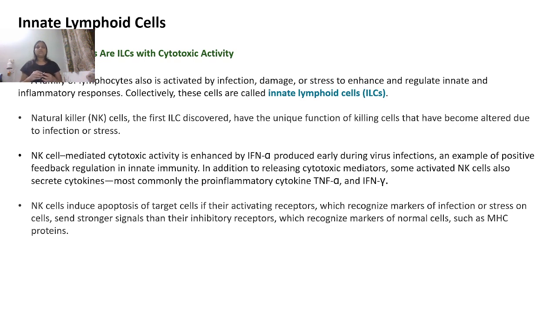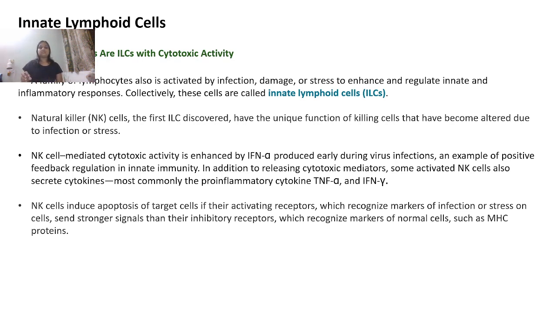Because if there is an activating receptor, there should also be an inhibitory receptor, because prolonged activation of a receptor is not good. It can lead to inflammation and other stress, and that signal needs to be stopped after a certain time, whenever there is a clearance of the pathogen or of the stress from the body. That signal should be stopped by the inhibitory receptors. So two types of receptors, activating as well as inhibitory, are present in many cells.